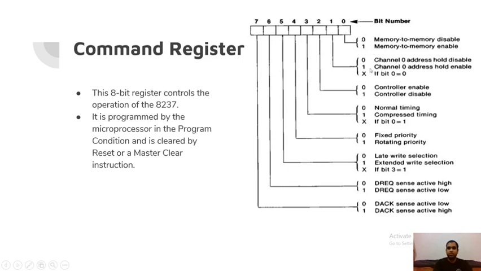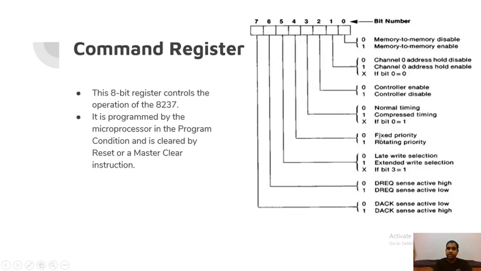The next bit is the controller enable or controller disable bit, and the next one is normal timing and compressed timing. It is in a don't care condition if bit 0 has a value of 1.